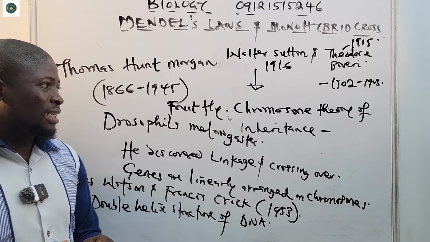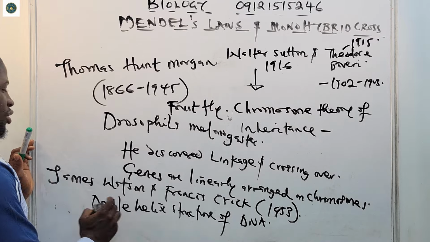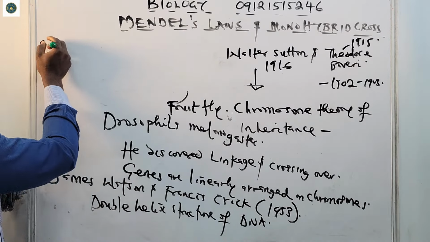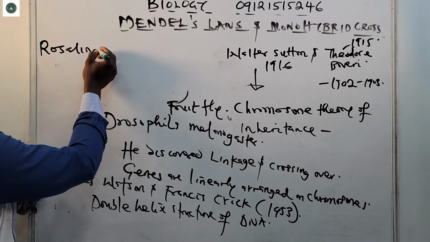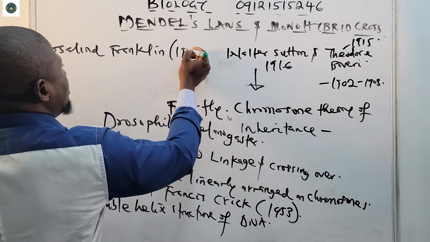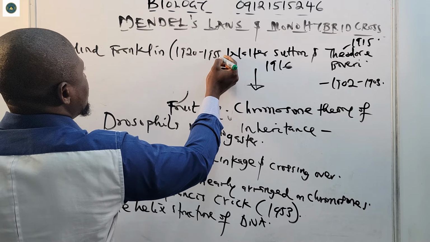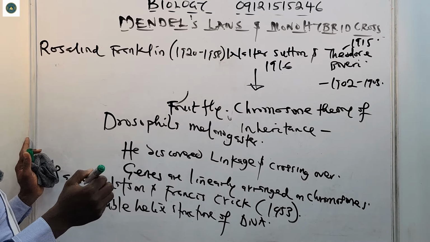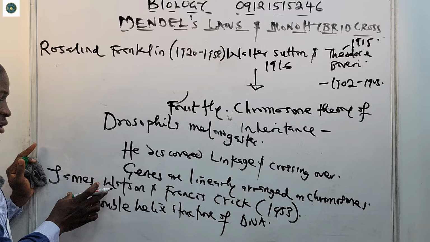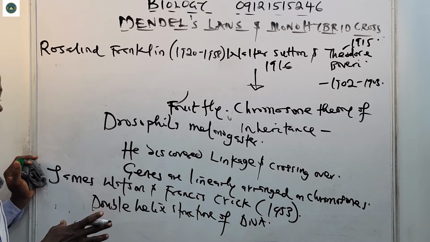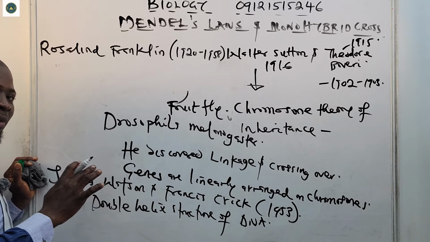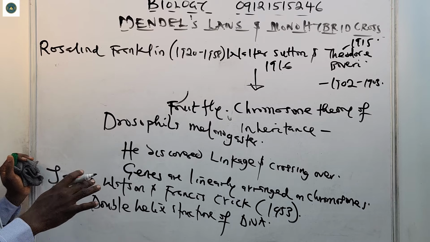Then we have Rosalind Franklin. You heard me mention Franklin just now. Rosalind Franklin lived from the year 1920 to 1958. She's a lady. I remember me talking about James Watson and Francis Crick developing the DNA model using images from the X-ray studies of Rosalind Franklin.